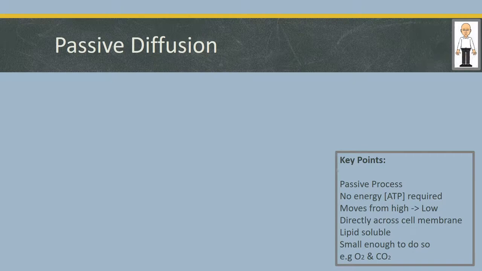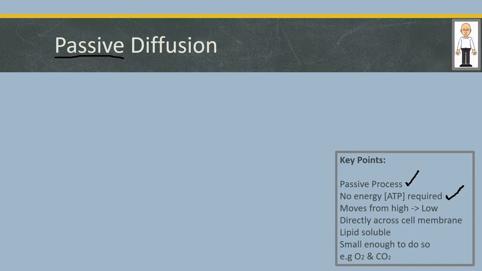So the first of our passive processes that we're going to learn about is passive diffusion. And as the name suggests, passive diffusion is a passive process, which means that no energy is needed to move these molecules using this method.